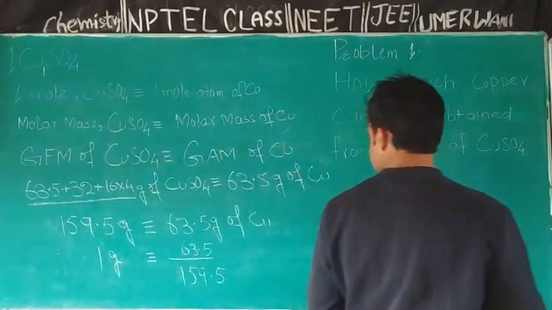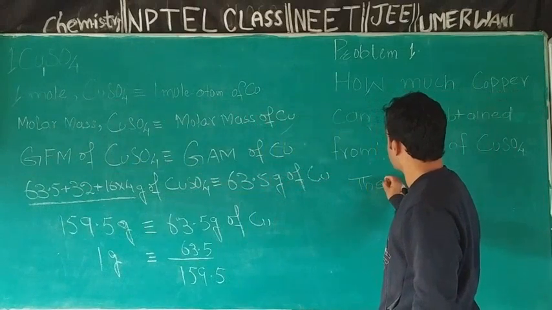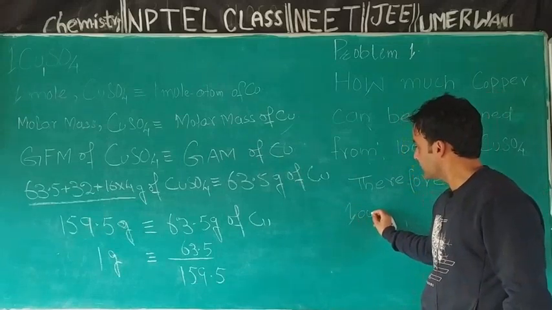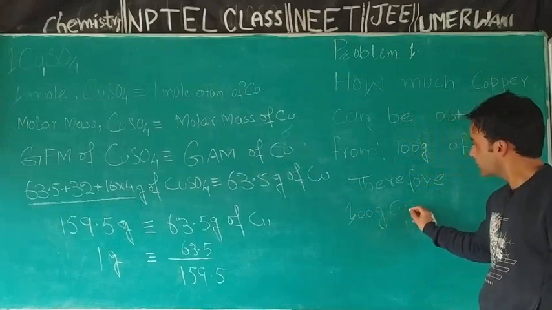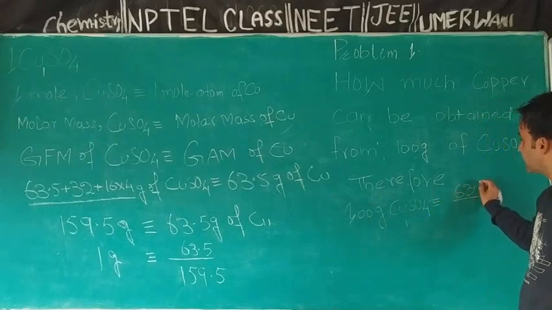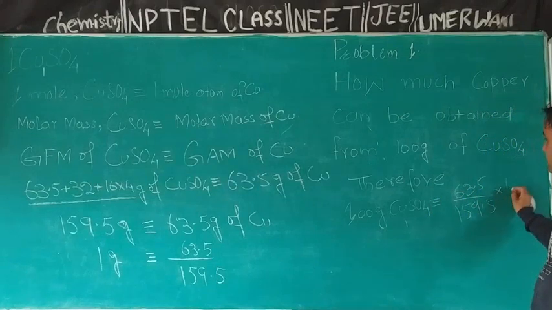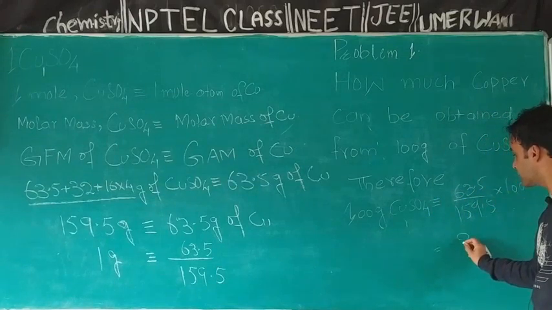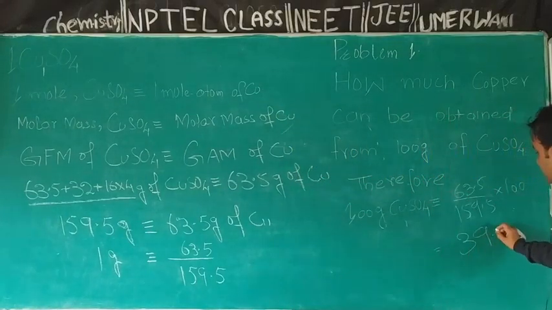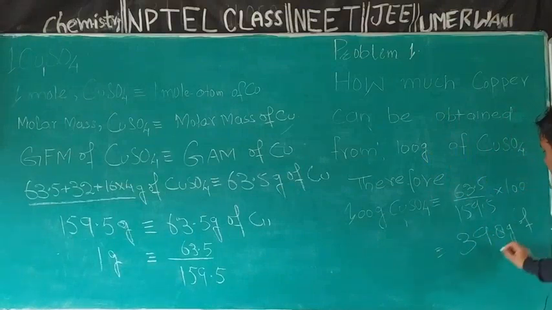Therefore 100 grams of copper sulfate will produce 63.5 divided by 159.5 multiplied by 100 grams, and it comes equal to 39.8 grams of copper.